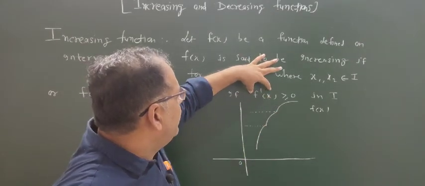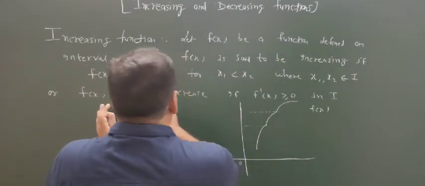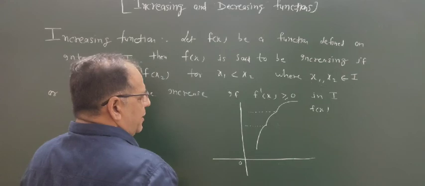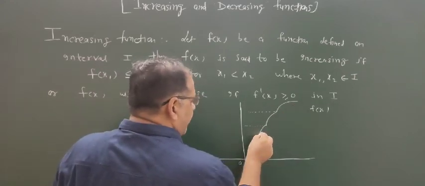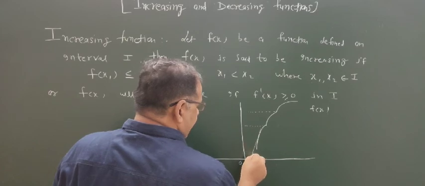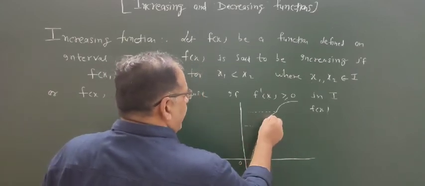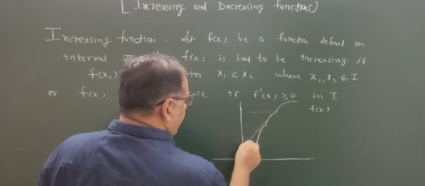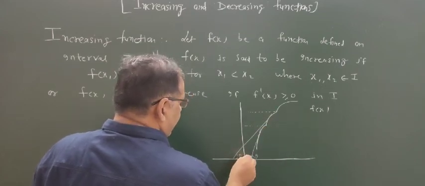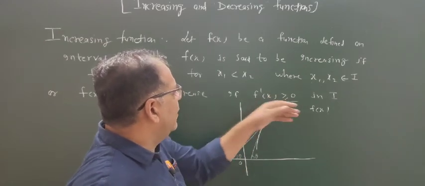If f'(x) is greater than or equal to 0, then the function is increasing in that interval. At the other points, the tangent makes an acute angle with the positive direction of the x-axis, so f'(x) may be positive or equal to 0.